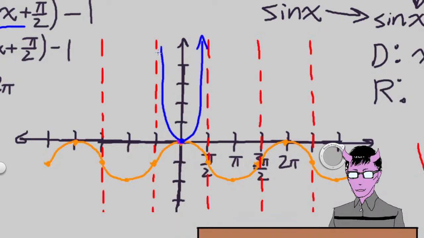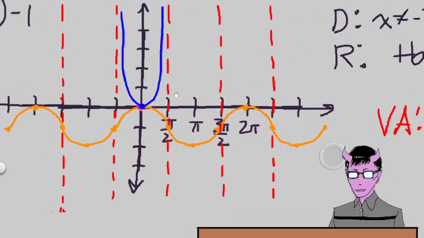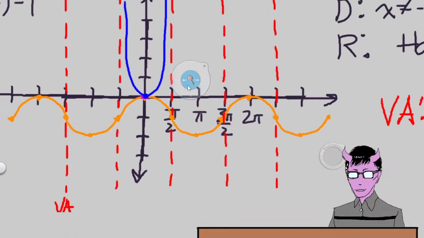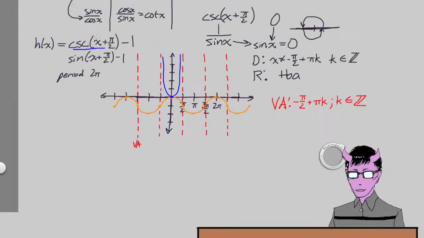I'm not going to draw the arrows, but make note that there will be arrows right there. You can do the limit test just to verify that one. We might do a limit test, but let's avoid it for now. So that's going to be one motif for graphing the cosecant.